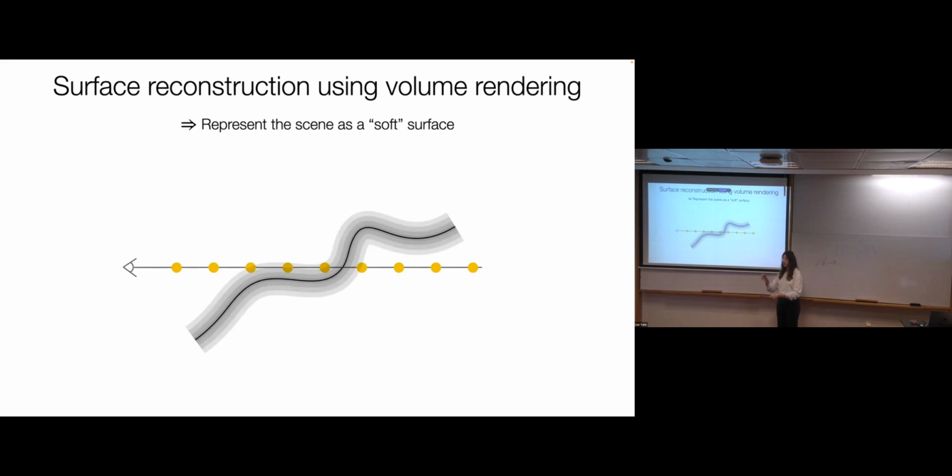In volume rendering, you sample points, you sample the density, and you accumulate the density along the ray. The surface is like a delta function, kind of like a density, and it's very hard to sample, and that is why we want to blur out the surface in order to render it.